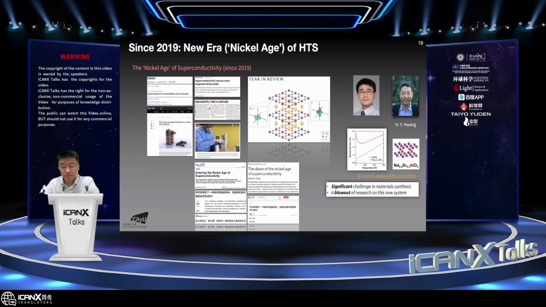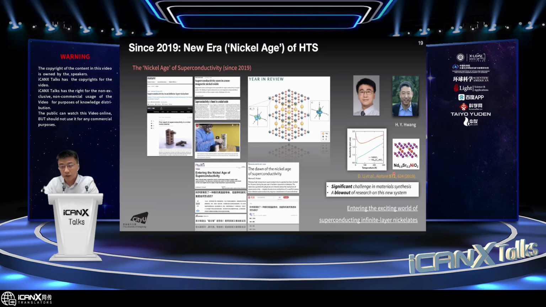So the material that was discovered to be superconducting was neodymium strontium nickel oxide, one type of nickelate compound. And this discovery triggered a plethora of research activities.